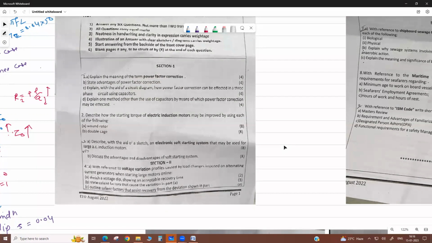They reduce the starting current. Actually, DOL starter does not reduce the starting current also. Correct? It only protects the motor from overload and short circuit. Here rated voltage is applied. That's why in DOL starter the current is 6 to 8 times high.